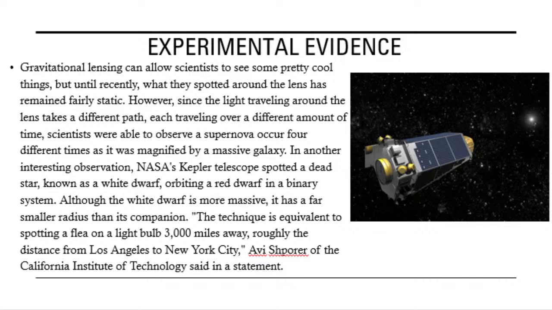The technique is equivalent to spotting a flea on a light bulb 3,000 miles away. Okay, instead of flea, you can think of a flash. Roughly, it will be like the distance from Los Angeles to New York City. And this was told by Avi Chopra of the California Institute of Technology.